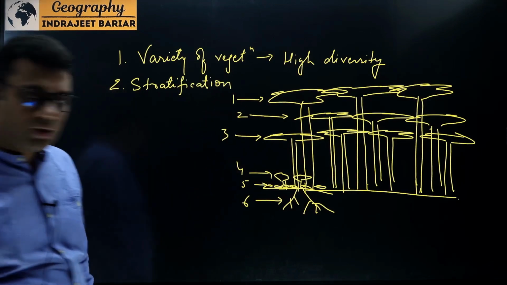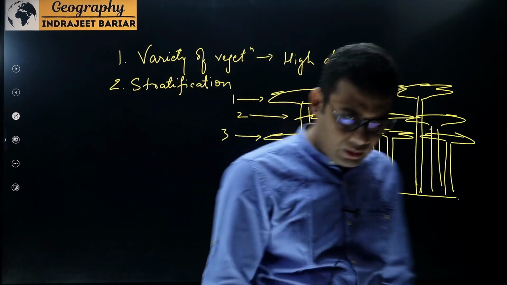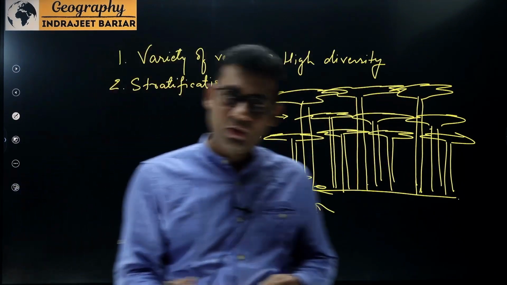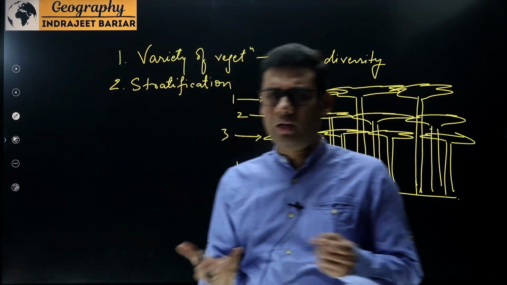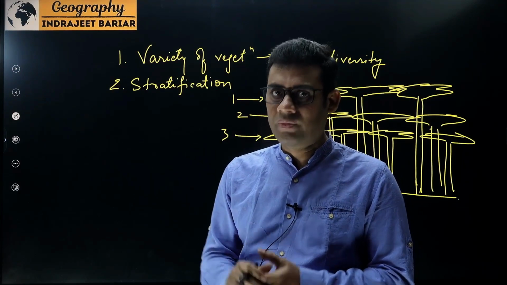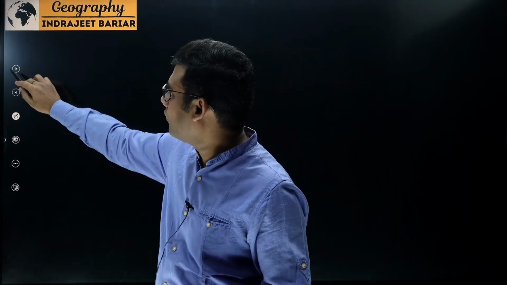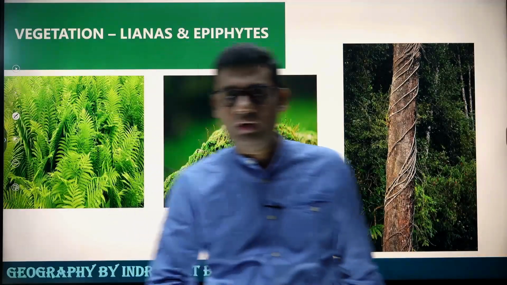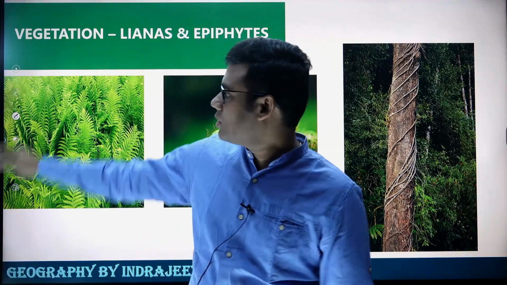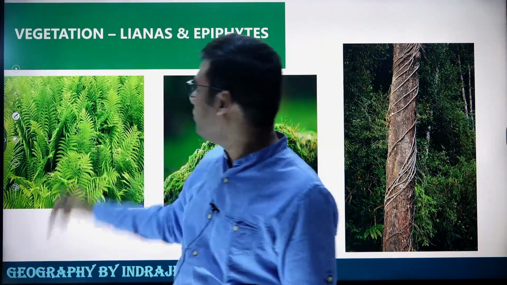In addition to that, one very important characteristic feature of these forests, found in deciduous forests also but primarily a feature of equatorial rainforest, is the growth of climbers. When we identify these climbers, we can identify two basic types: one is liana and another is epiphytes.